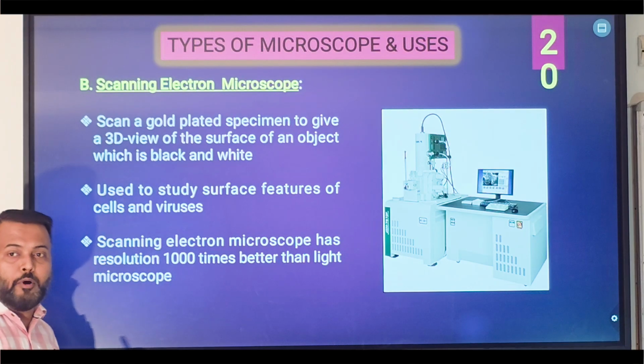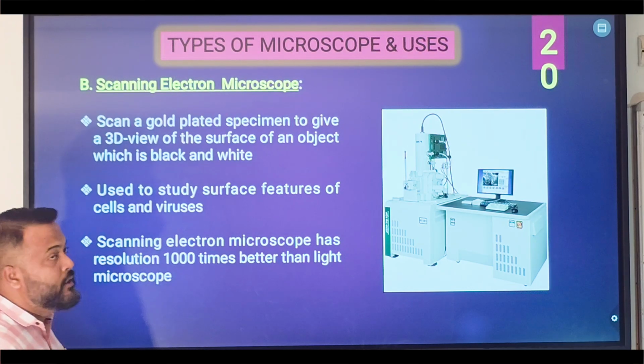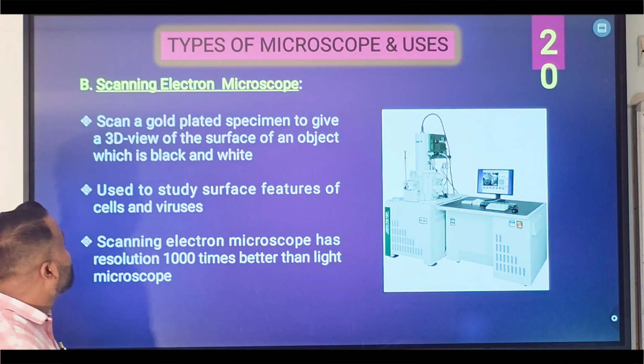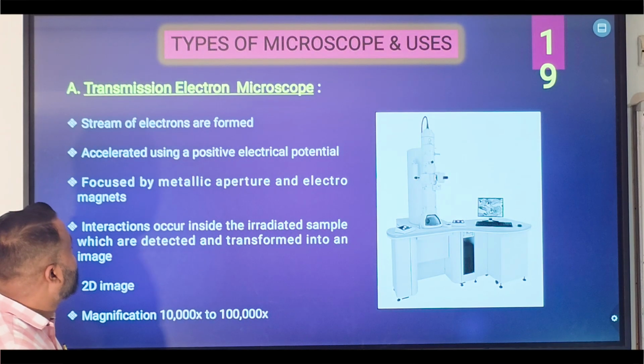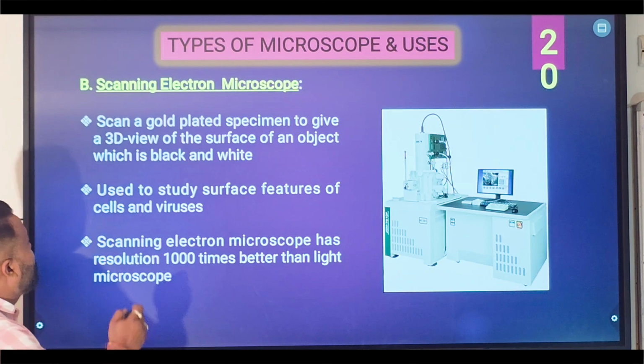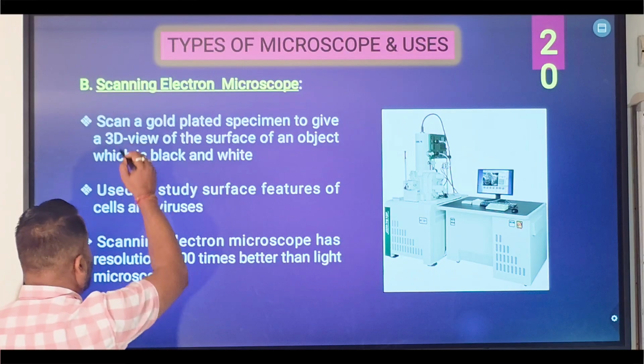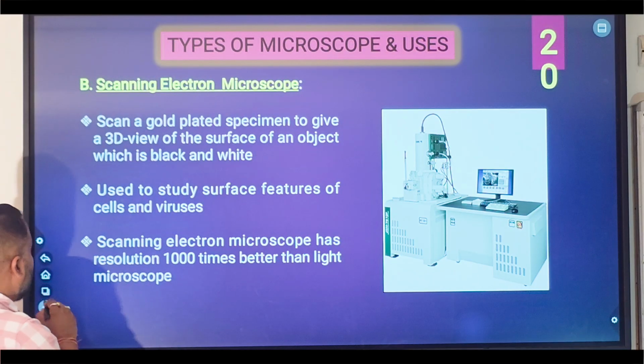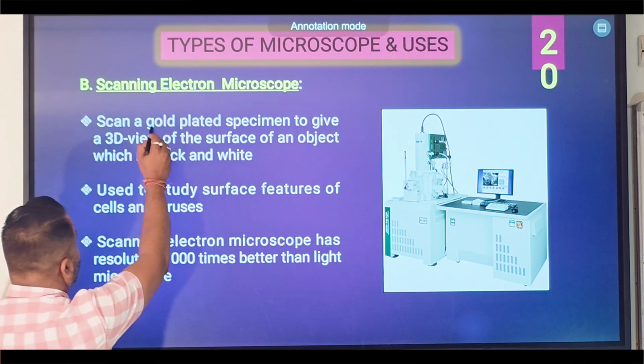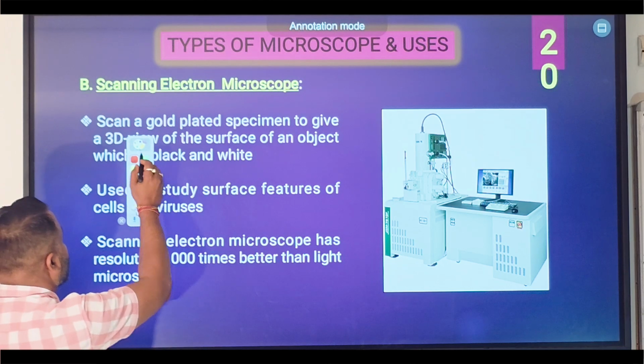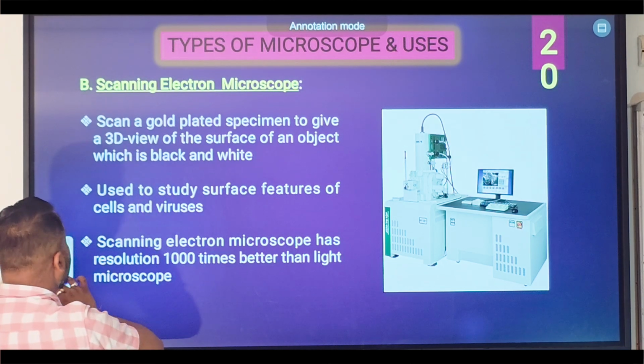Now, let us talk about the next microscope, which is the scanning electron microscope. What happens here in the case of the scanning electron microscope? I will tell you the difference in our next slide.